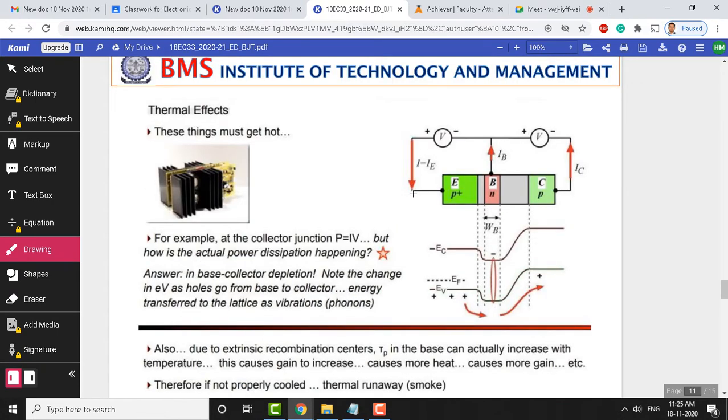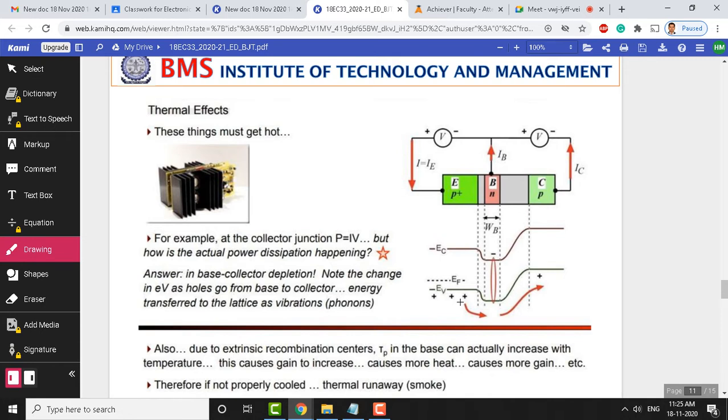A little bit of thermal effects we need to discuss here, because as I told you, this large reverse voltage that is occurring here dissipates a lot of power.